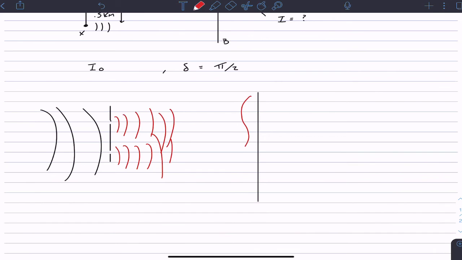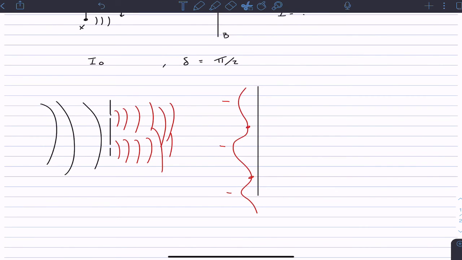And then the interference pattern is going to be here on the wall, where you have maxima and then you have minima here, right? So hopefully you've seen this at least a little bit. If not, that's okay. But we're going to use some similar concepts from here.